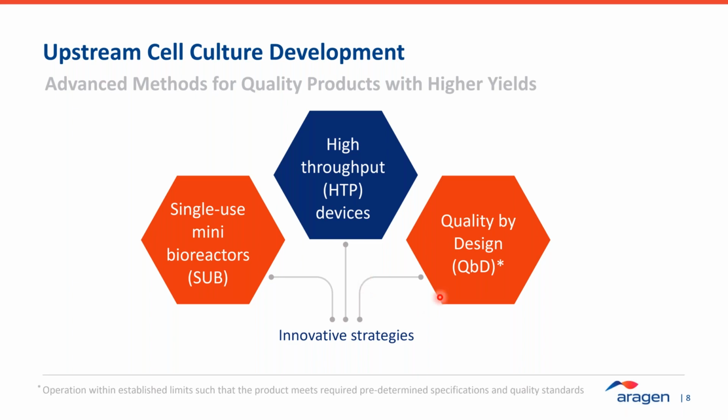We also implement quality by design approach to maintain steady workflow, resulting in the products that meet the predetermined quality standards. I'm going to provide more information regarding quality by design in the next slide.